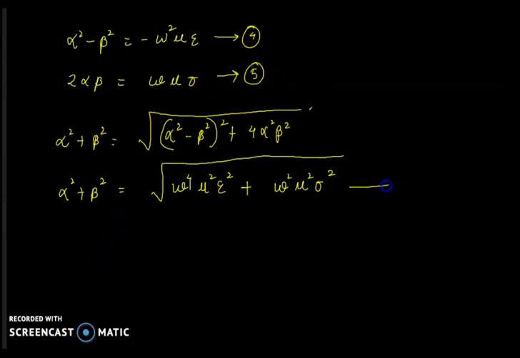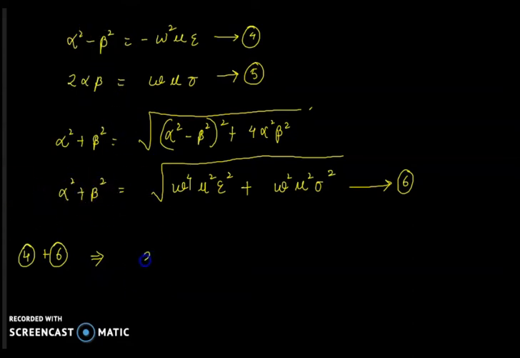So now let us take it as equation number 6. Now add 4 and 6. So 4 is alpha square plus beta square, 6 is alpha square plus beta square.